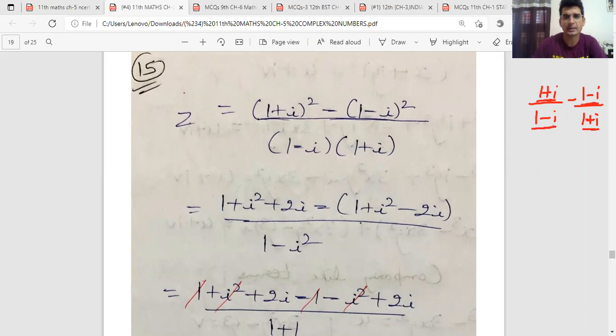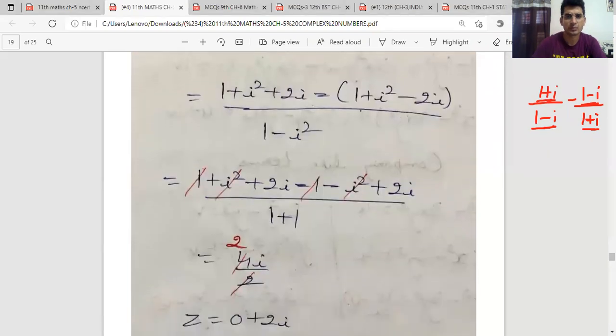(1 minus iota) whole square. Using a square plus b square plus 2ab, minus a square plus b square minus 2ab, and in the denominator (a minus b)(a plus b) is a square minus b square. So 1 plus iota square plus 2 iota, minus 1 plus iota square minus 2 iota.